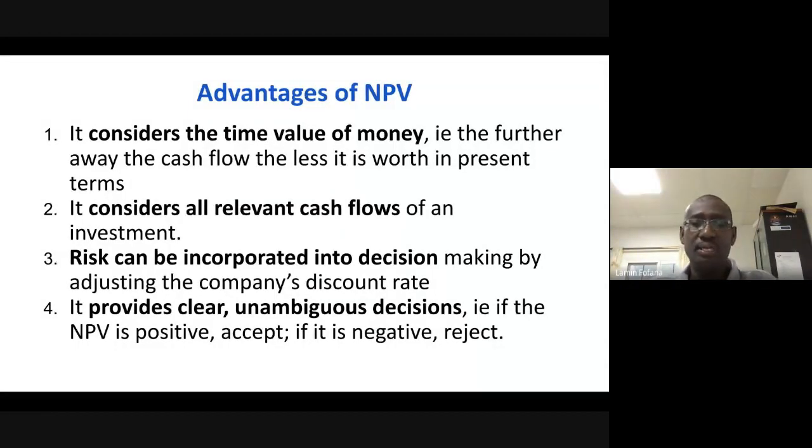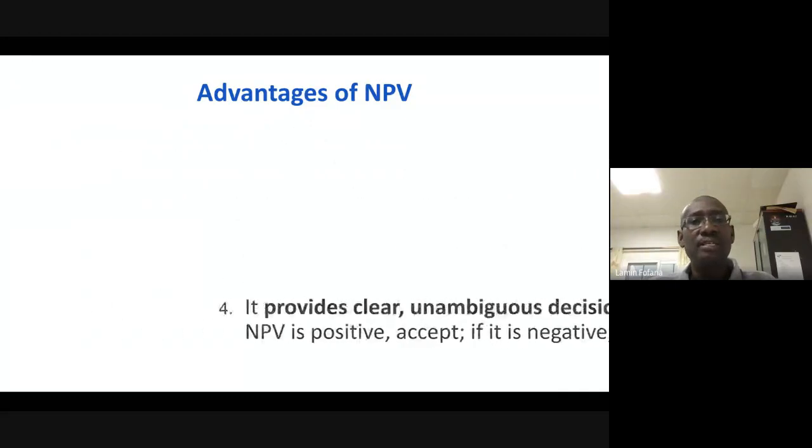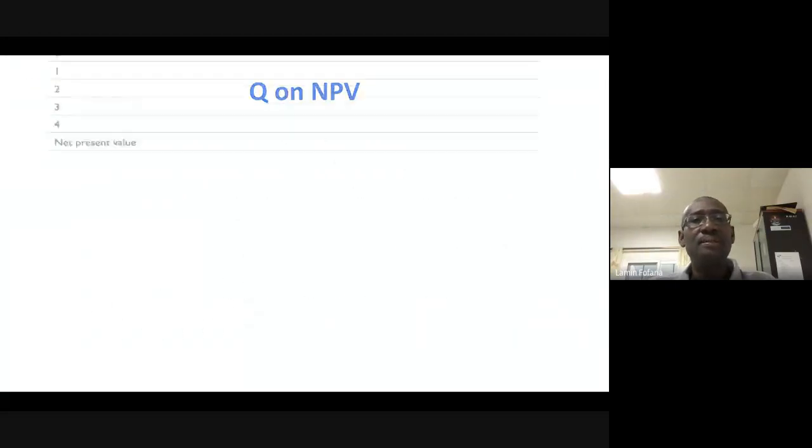If it is going to be a less risky one, then we can go ahead with it. It provides a clear, unambiguous decision. If the NPV is positive, you accept. If the NPV is negative or if the NPV is at par, you reject. So those are some of the advantages of the NPV method.